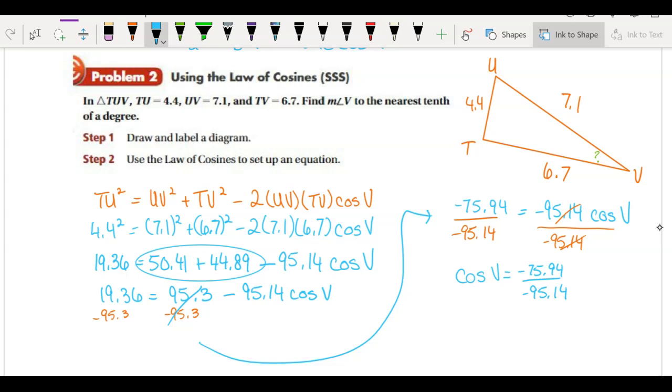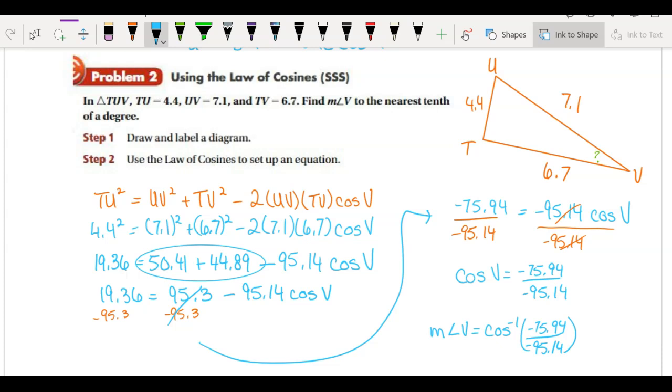Okay, so I'm looking for the angle. So what do I need to do now? I need to use the inverse. So the measure of angle V is equal to the cosine inverse of negative 75.94 divided by negative 95.14.